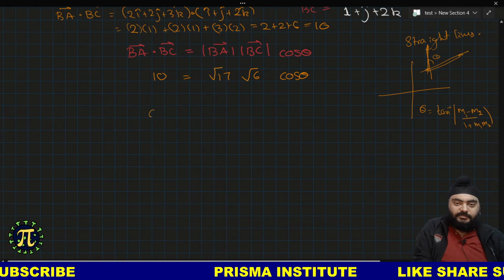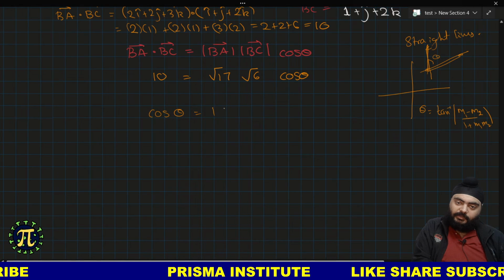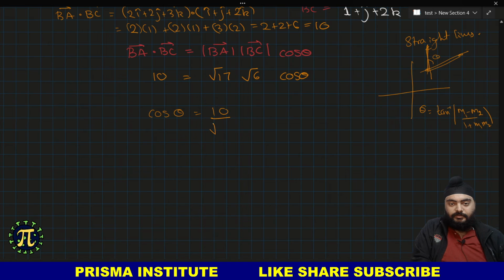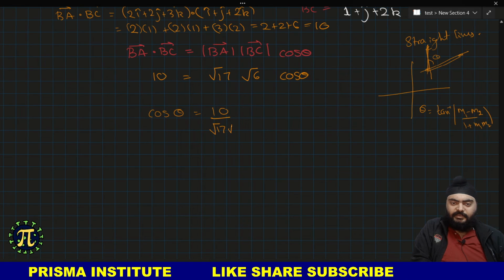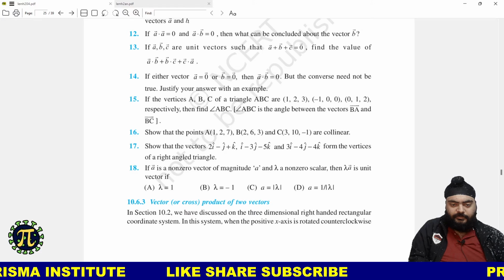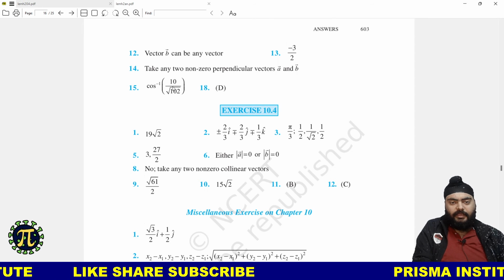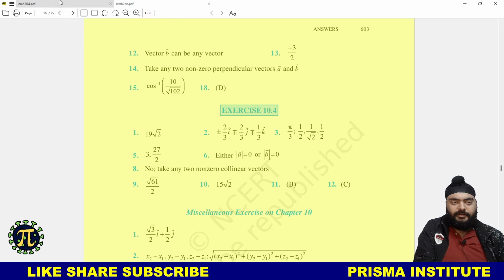So cos theta is 10 divided by 17 into 6. Okay, so LCM लेना है कि नहीं? So we'll check the answer from the back side of the book. So they have not taken the LCM, so 102.